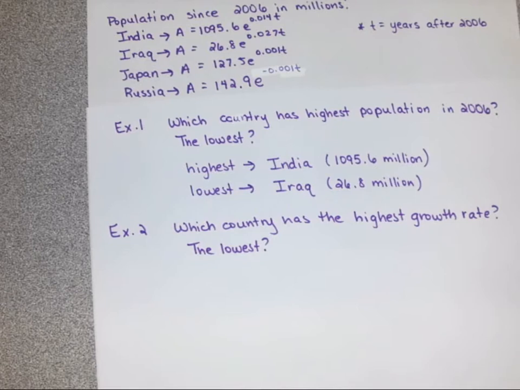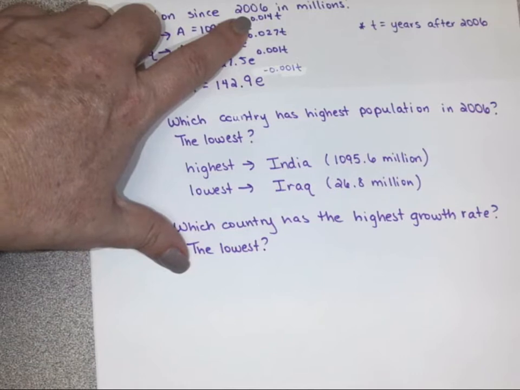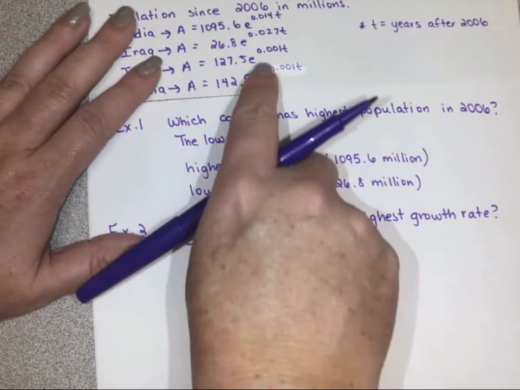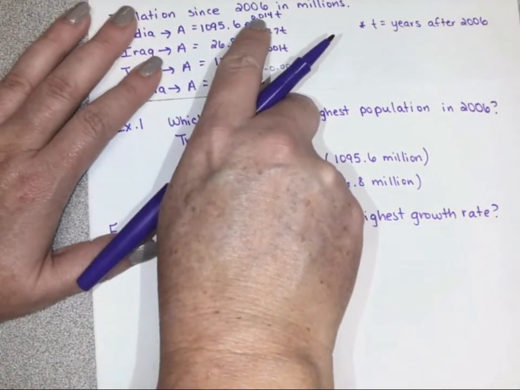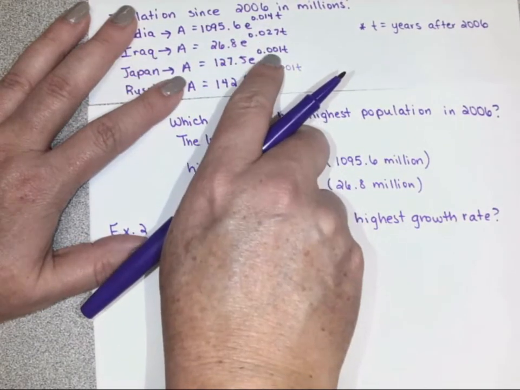Okay, so which number do you look at for the growth rate? You don't look at the a sub 0. Which number do you pay attention to when you're trying to figure out how fast they're growing? You pay attention to the exponent after the e, right? So notice, by the way, if you change this to a percentage, this is 1.4%, right? This is 2.7%. This is actually 0.1%.